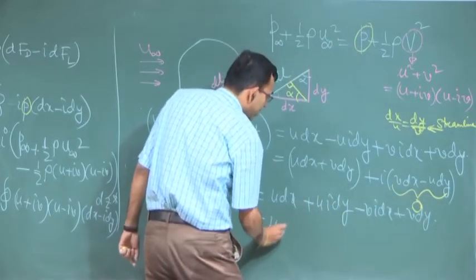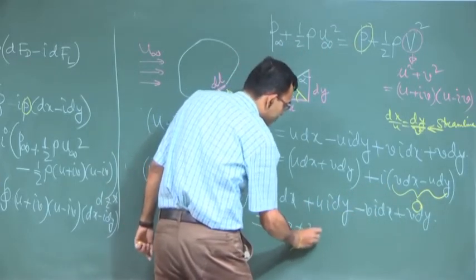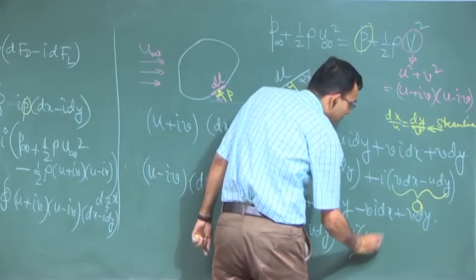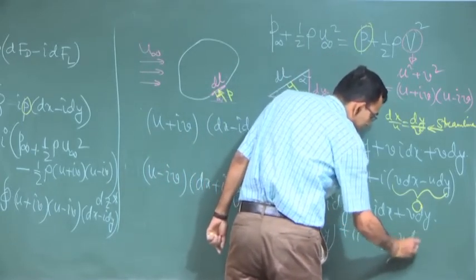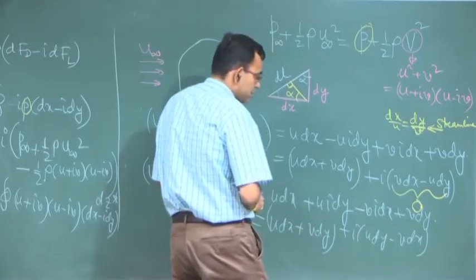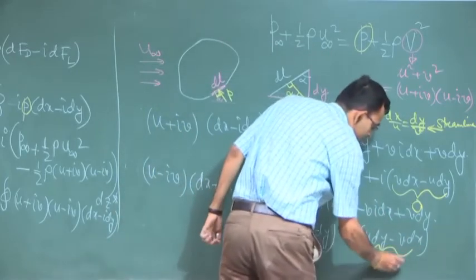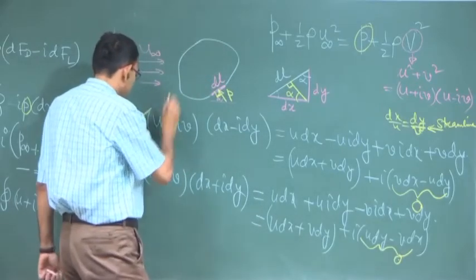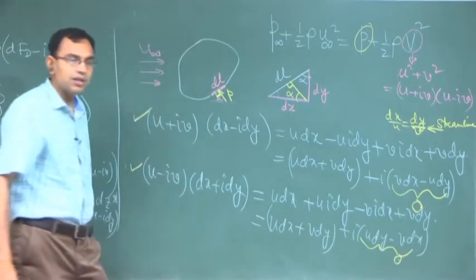So, u dx plus v dy plus i into (u dy minus v dx), this is 0. Therefore, on a streamline these two are the same.